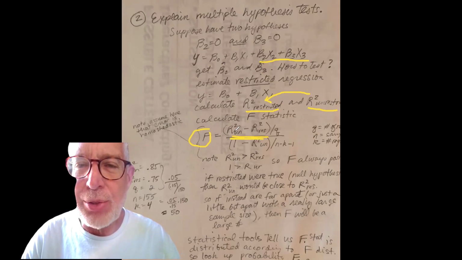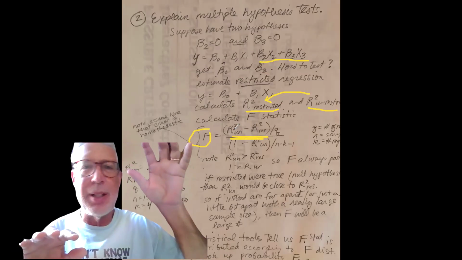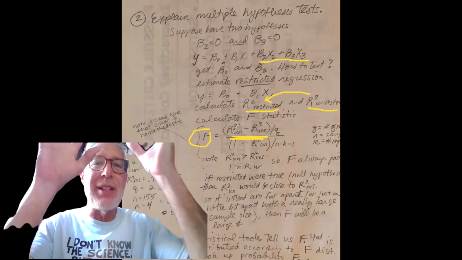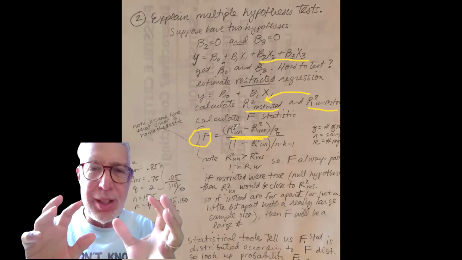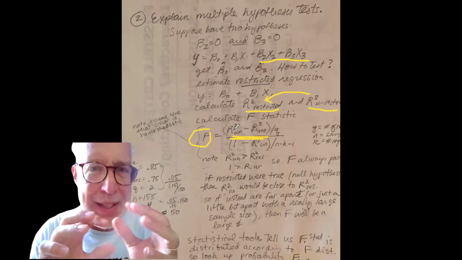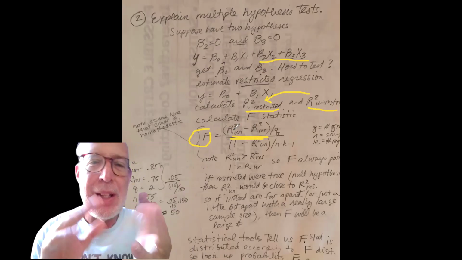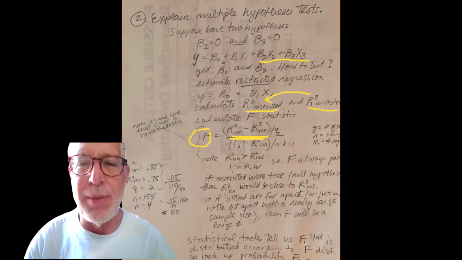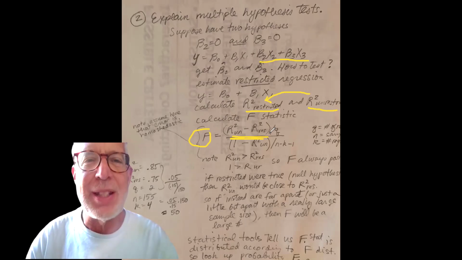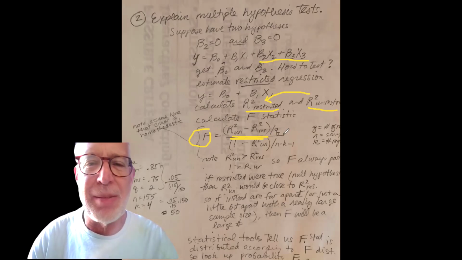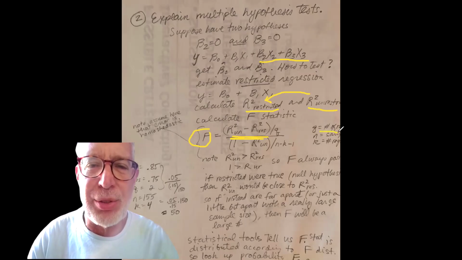So if the unrestricted R-square is a lot bigger than the restricted R-square, the f-statistic will be larger. If the unrestricted R-square is pretty much the same, just a little bit bigger, the f-statistic will be very small. We have to normalize this so that it follows a standard distribution. So we divide it by Q, the number of restrictions.